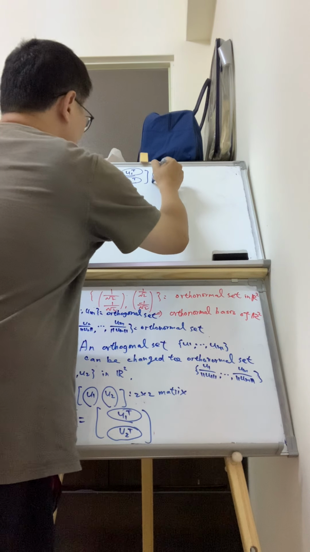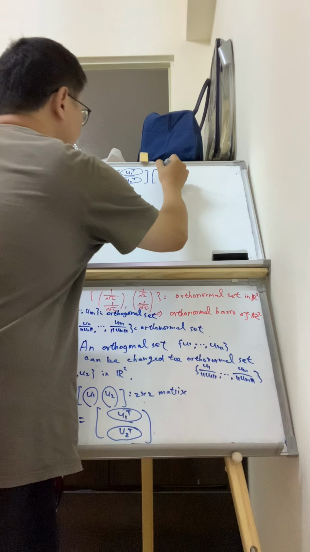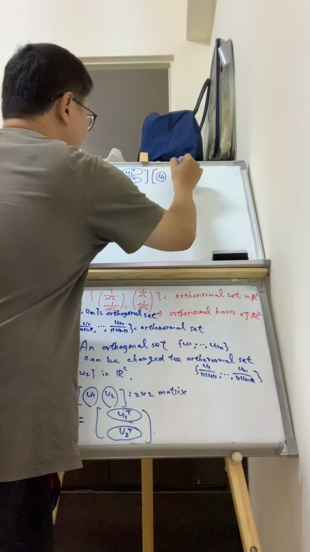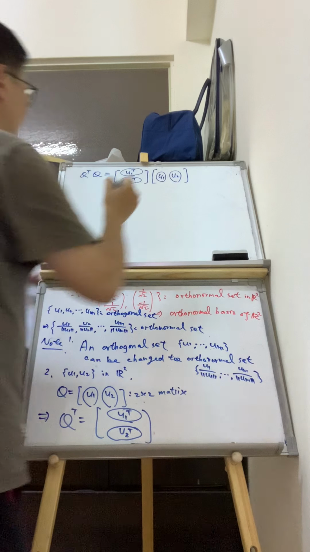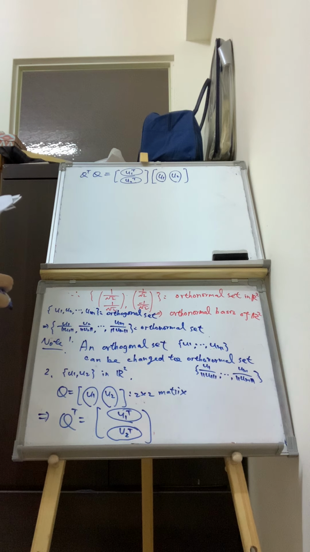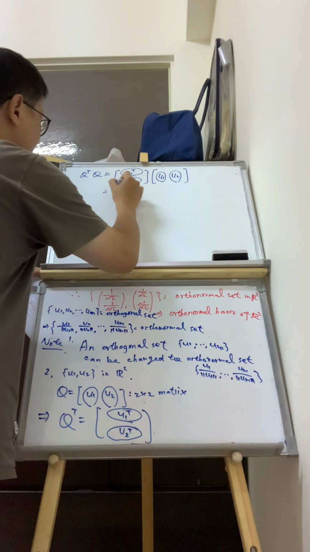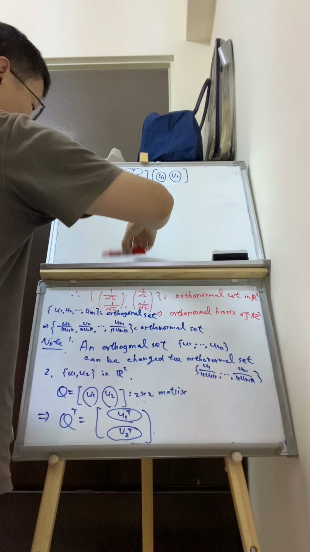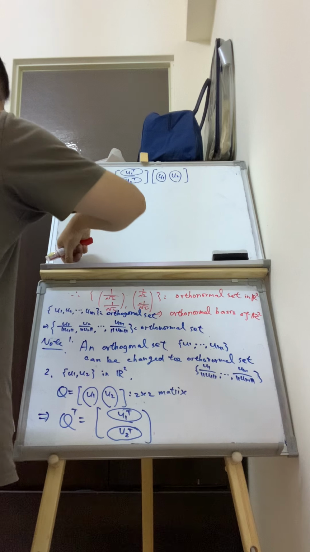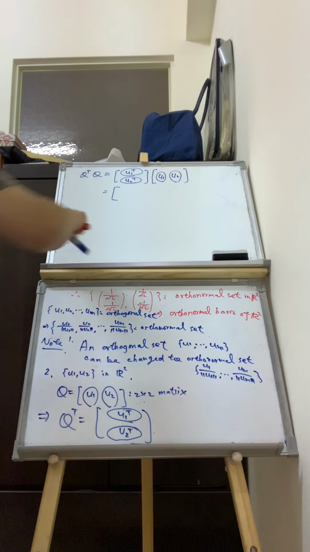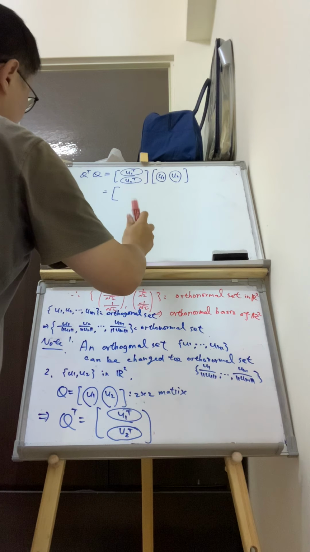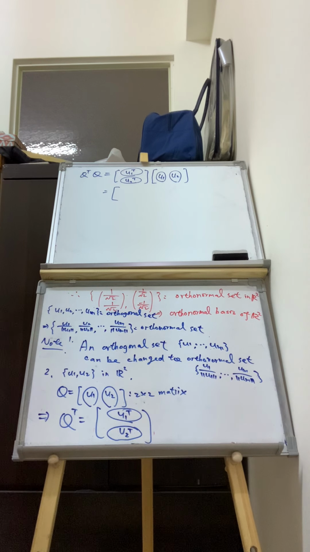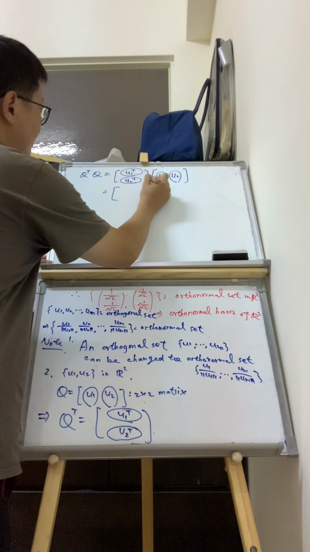And Q has the first column here and the second column here. When you consider Q transpose Q, what's this? It's probably the result, the property in section 1.6, the last section in chapter 1. It's 2 by 2.